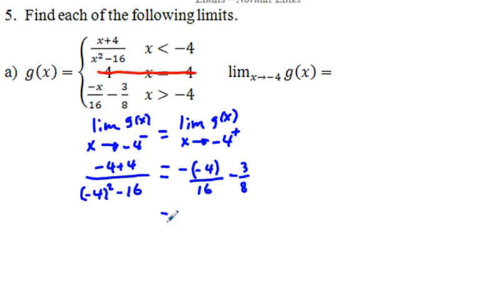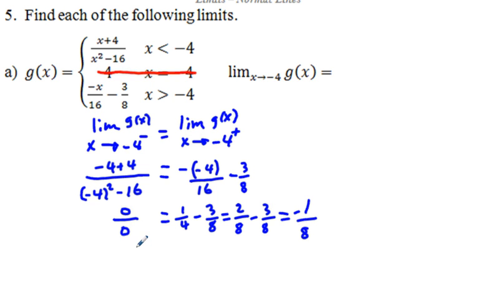Well, on the left side, negative 4 plus 4 is going to be 0, and in the denominator, negative 4 squared minus 16 is going to be 0. So we have an indeterminate form on the left side. On the right side, we have negative 4 over 16, which is going to be 1/4 minus 3/8, which is going to be equal to 2/8 minus 3/8, which equals negative 1/8. So that's going to be our right side.